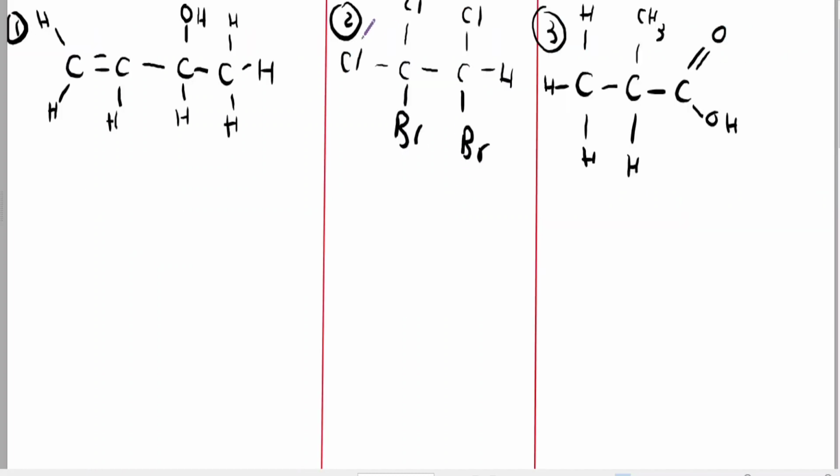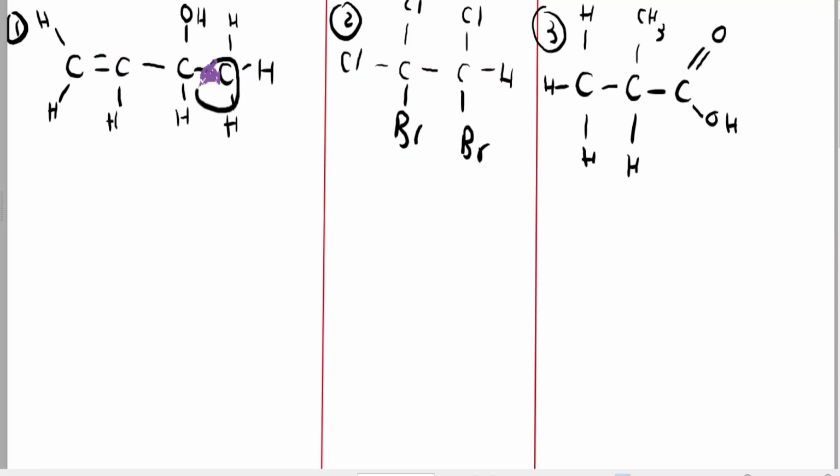Let's do some exercise now. Let's say that I've been asked to find out whether each of these three compounds will form optical isomers or not. And earlier I told you the 3 steps, so let's follow them. First step is to find out whether I have chiral carbons in each of these compounds. So obviously this one and this one cannot be chiral compounds because they have a double bond.